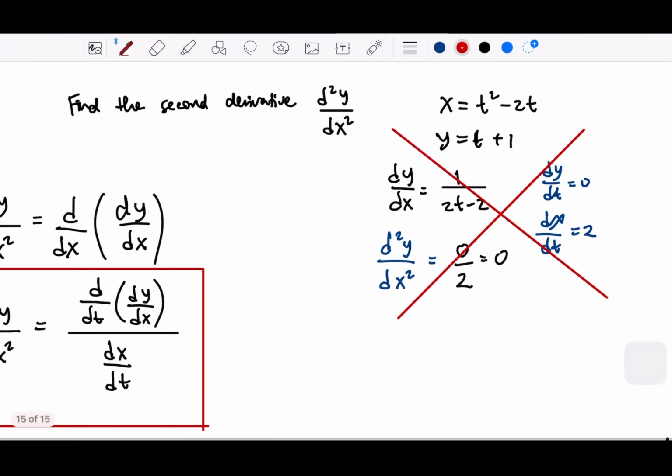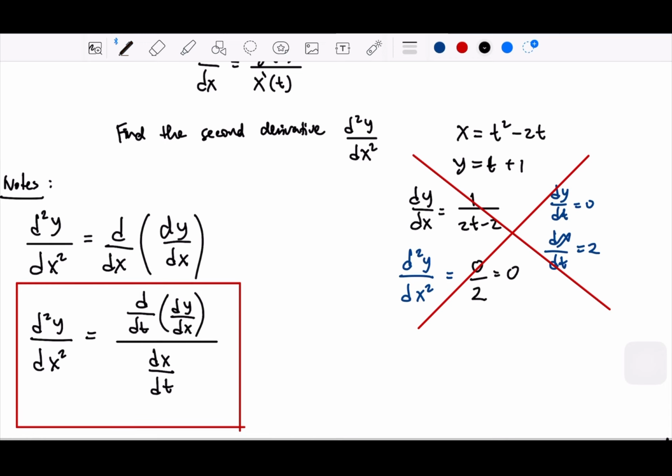So the way you solve the question before is, let me write here, example. So we will write d dt of dy over dx. dy over dx is 1 over 2t minus 2. And dx over dt is 2t minus 2, right? Okay.